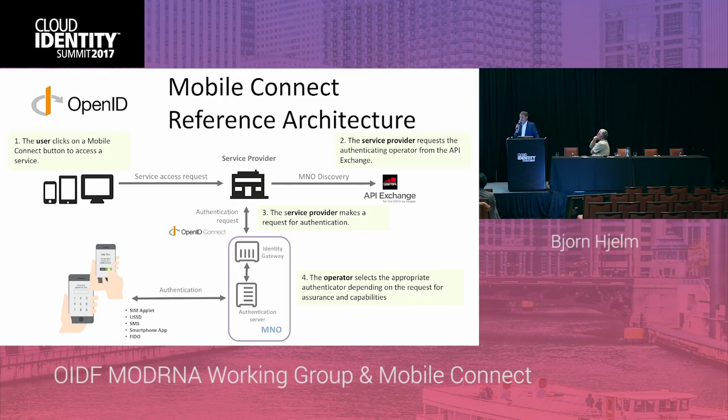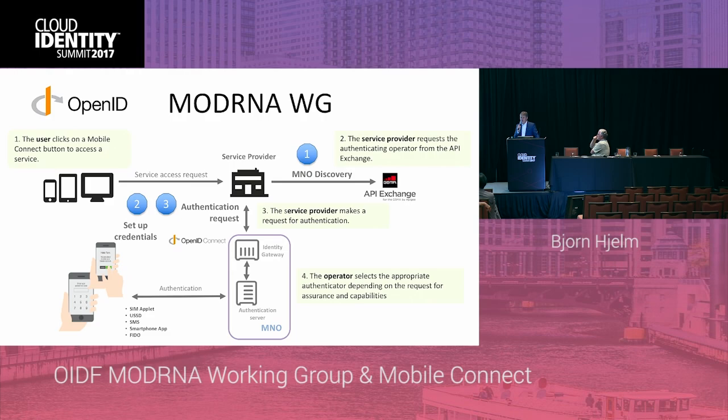It has the OpenID Connect interface, northbound between the MNO and the service provider, which is really federation of the identity. Then there's authentication. The authentication in Mobile Connect can be a SIM applet, it could be Fido, it could be one-time password, it could be other options. MODRNA addresses the federation. The federation of the identity does not address the authentication part.